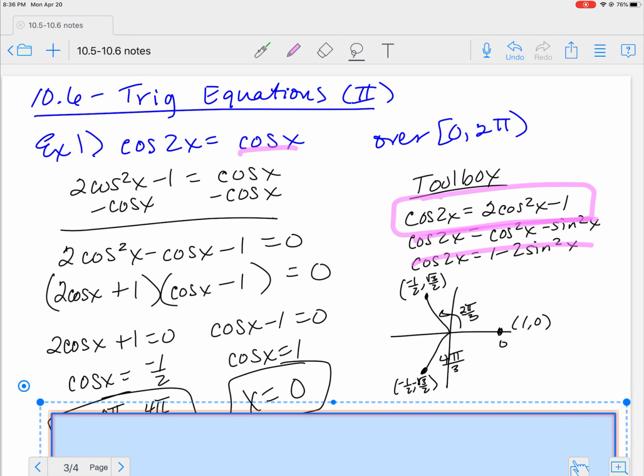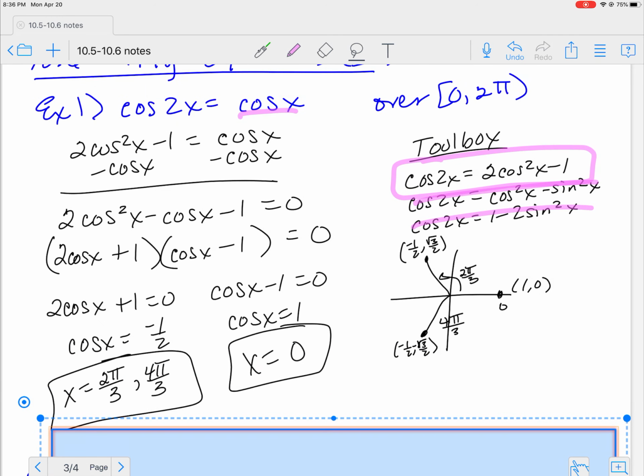Once we get that factored here, I'll just take it on down. Once we get this factored, then I set each one of those equal to 0. And you get cosine by itself is -1/2. Add that 1, you get cosine is equal to 1. Then you go to your unit circle. Where is cosine -1/2? Well, to the left, and I'm going from 0 to 2 pi.